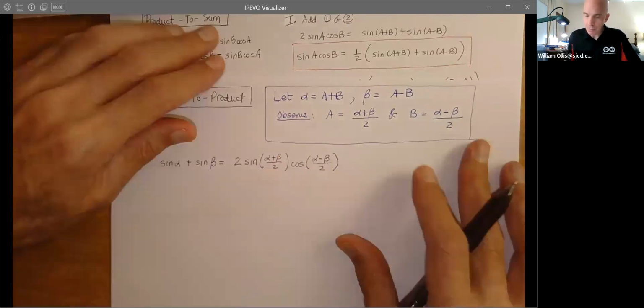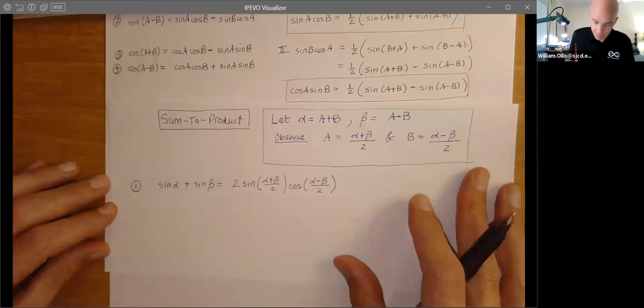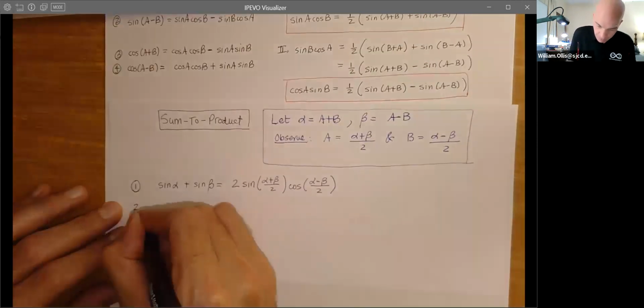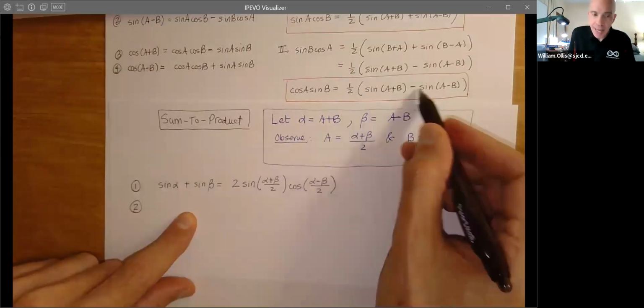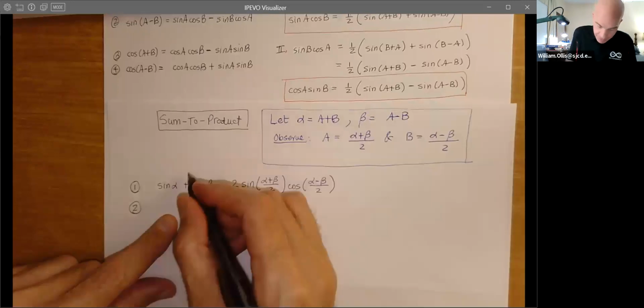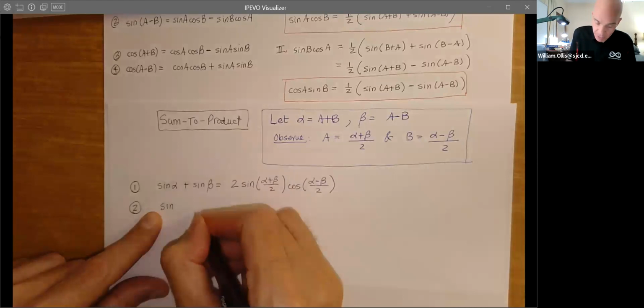So now go to the next one. Number 2, we'll do the same thing. We have sine alpha minus sine beta. Now these only have sines or cosines, not mix and match.